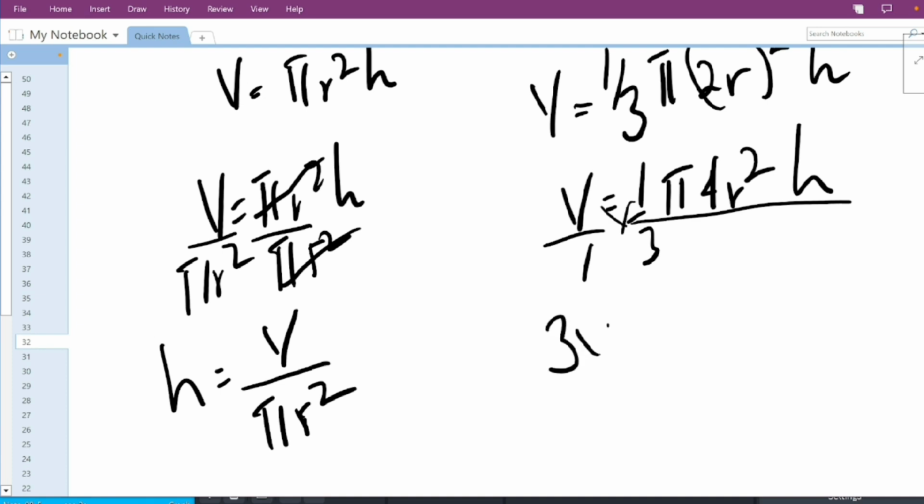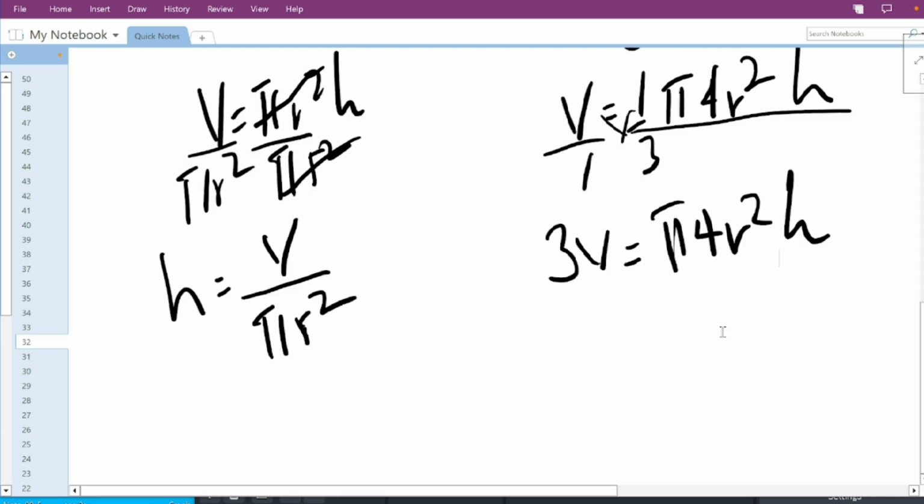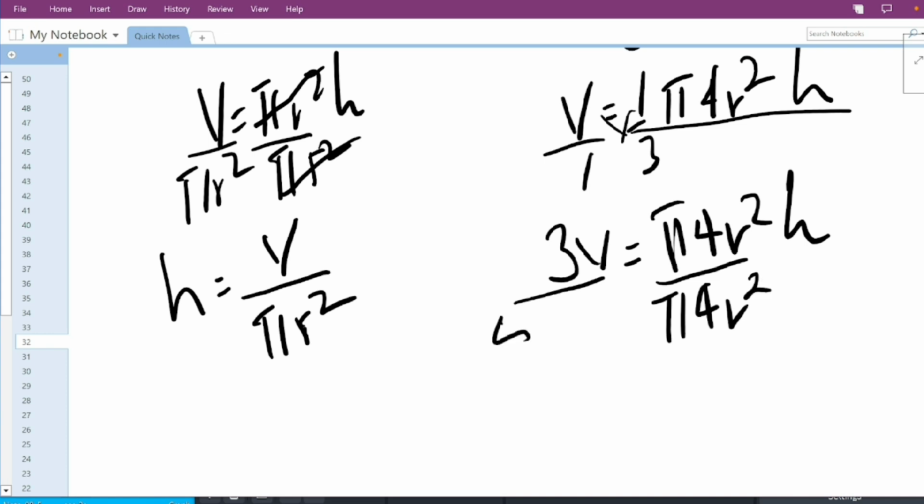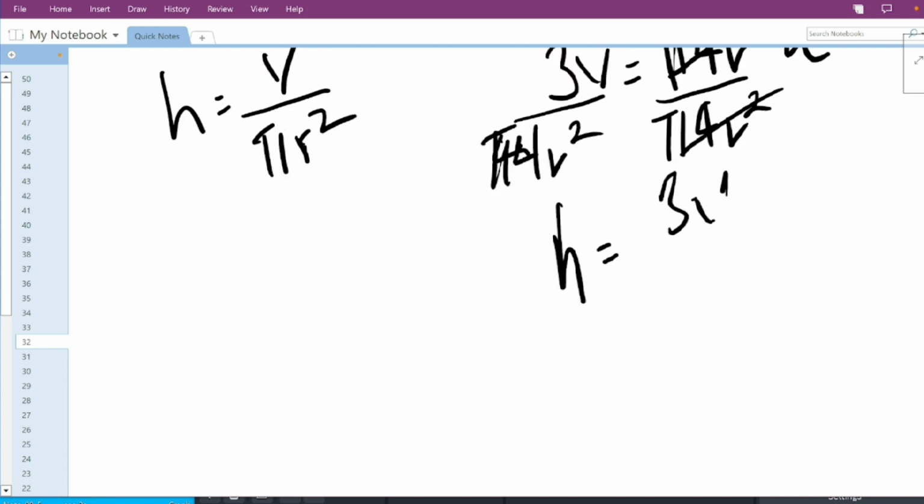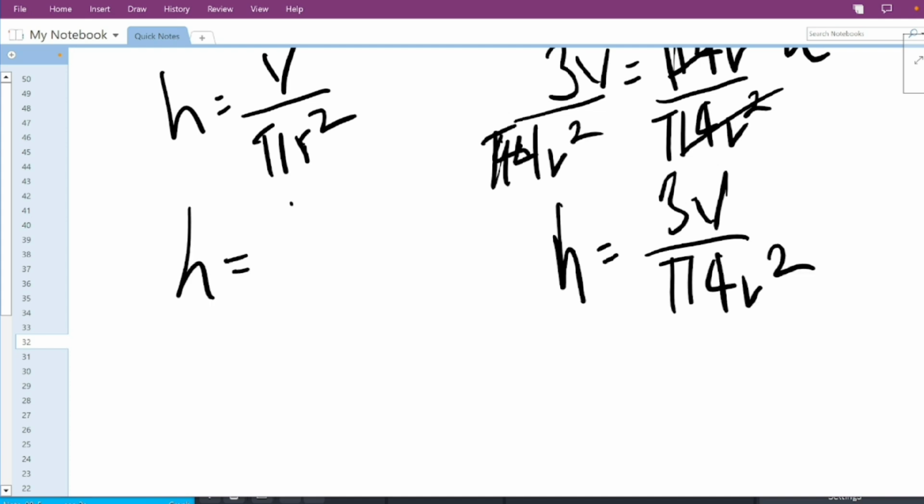We have 3V equals π4r²h. On the next line, since we're looking for our h, we divide both sides by π4r². This cancels this. On this side, we'll be left with h equals 3V over π4r². And on the other side, we'll be left with h equals V over πr².